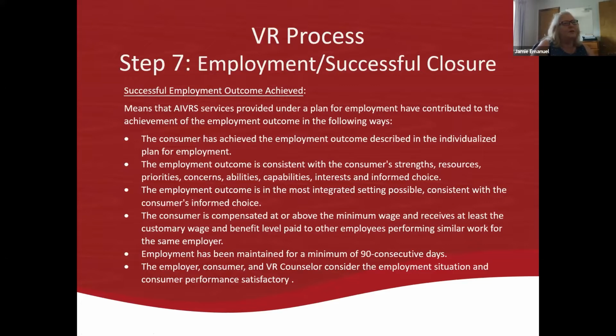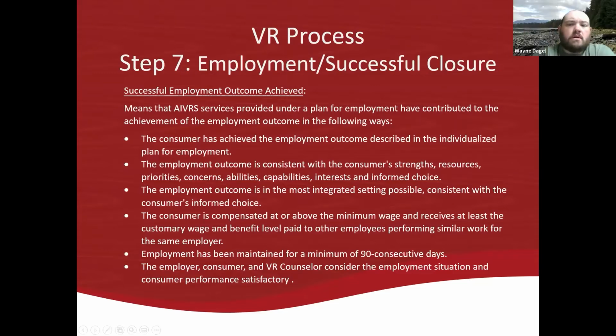Sometimes there are a lot of different things that we have to cover, and we will cover those in later slides. But for the most part, if the employment is successful and has been maintained for a minimum of 90 consecutive days with no issues, no problems on the job site, everything seems to be working fine, then after 90 days, you have a successful closure.